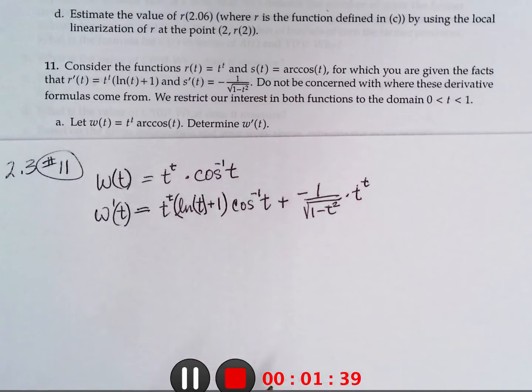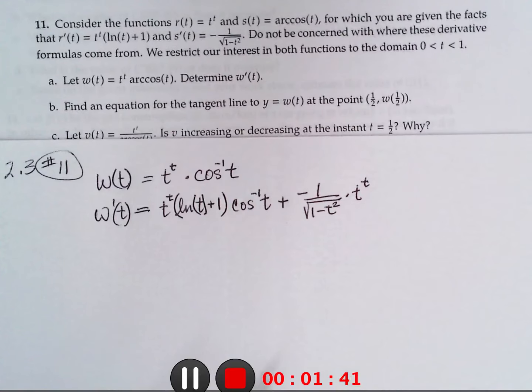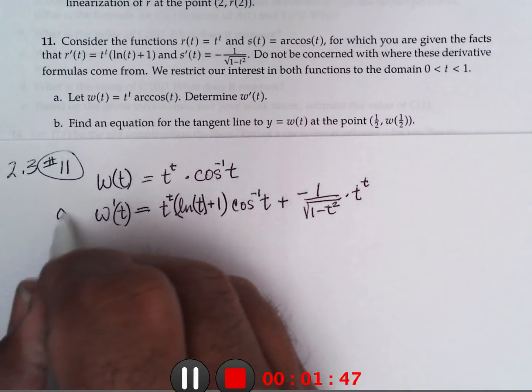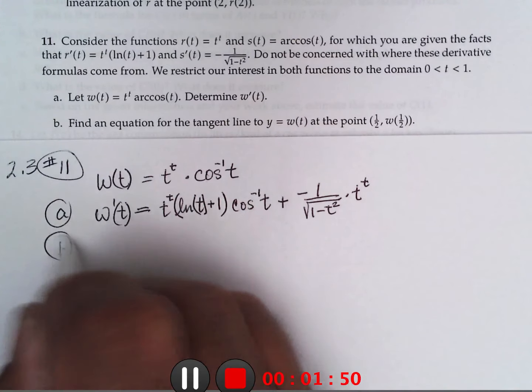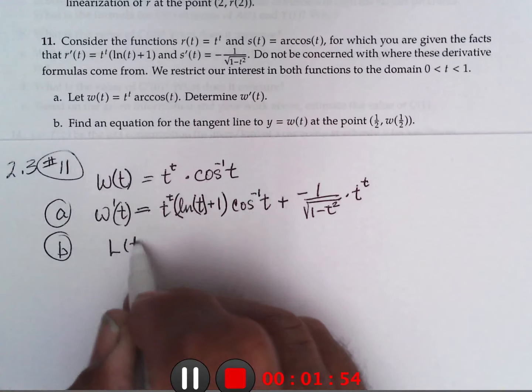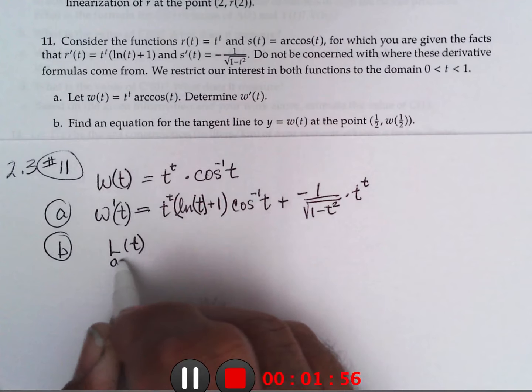The next question says, write the equation for the tangent line of W of t. So the tangent line, and this is at a equal 1/2.